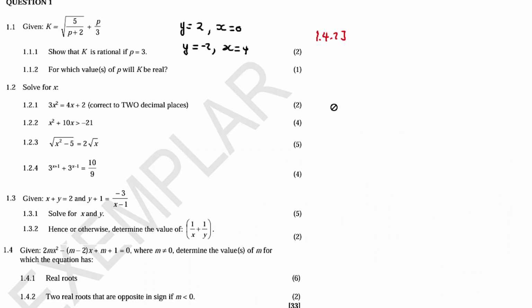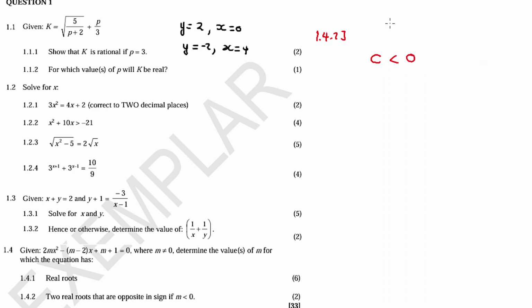Let's go back. In order for our real roots to have opposite signs, when we solve the equation, one x must be positive and the other x negative. The only time that can happen is if the c value is less than 0.